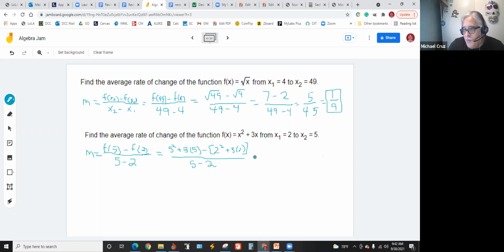And that's eventually going to be 3, but I wanted to get the tough parts out. So this is 25 plus 15. I'll tell you what, just save a little bit of room. So 5 squared is 25. 3 times 5 is 15. So that's 40.